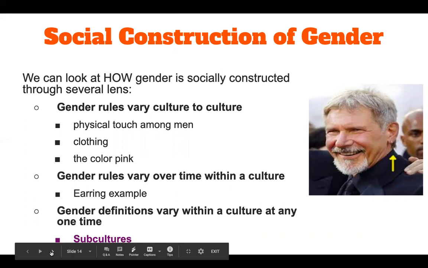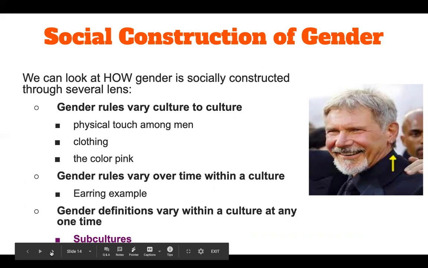And it's worth noting historically, as we get to our second observation, that gender rules vary over time. Historically, in European cultures, pink was considered to be a boy color because red was considered to be a manly color, and pink was seen as being a lighter derivative of red. So in the same way that a boy is a child version of a man, pink was seen as being a child version of a manly color. And of course, now that's changed.